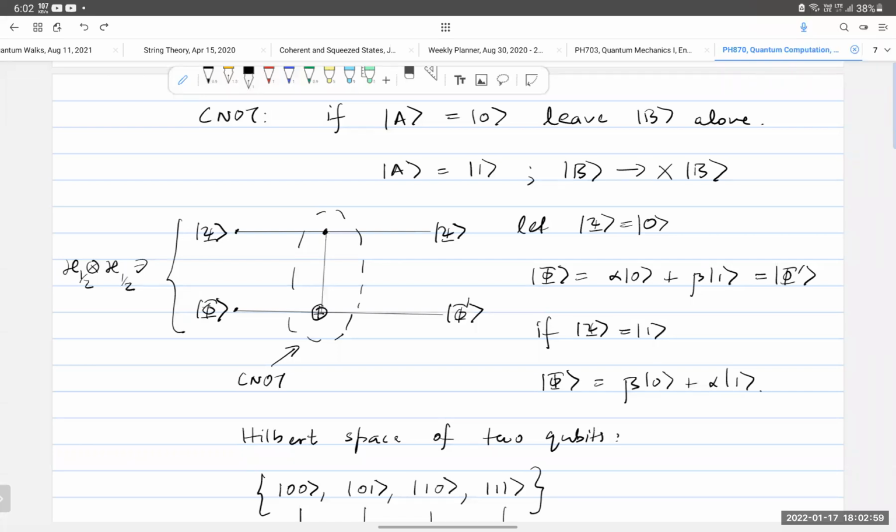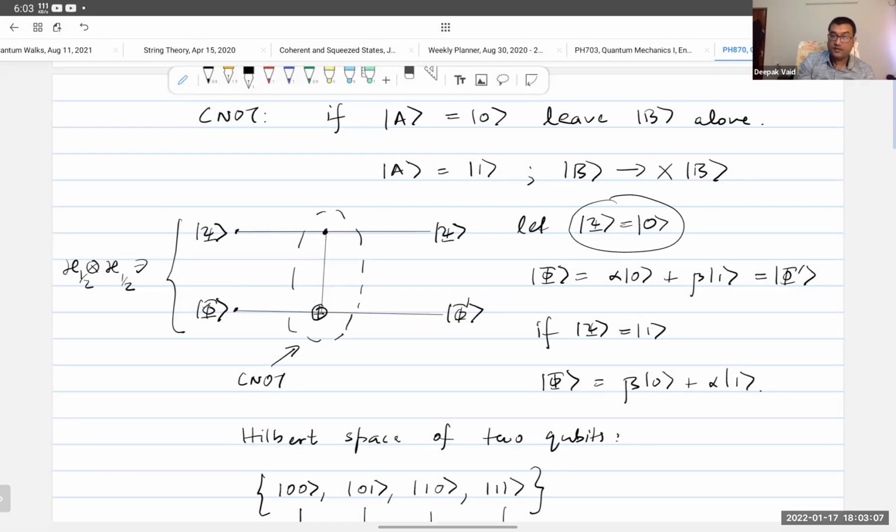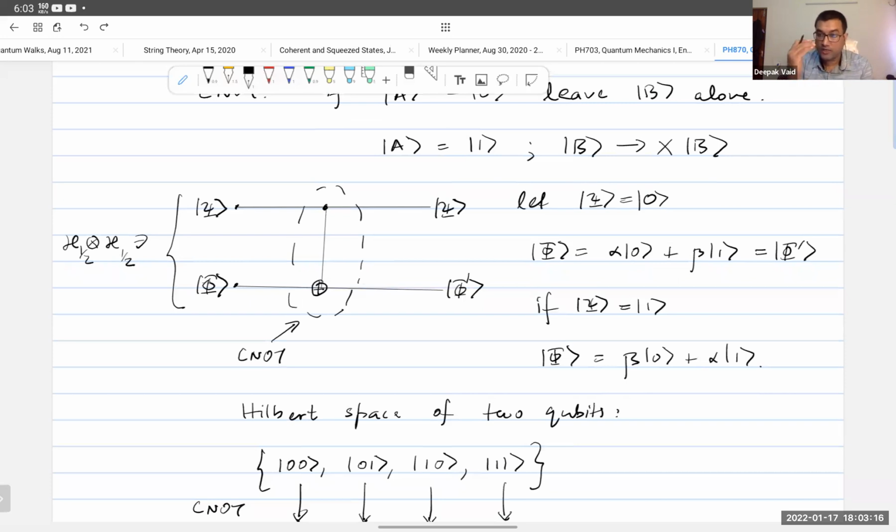Yeah. Right. But again, remember that in these examples that I've given you, I've not assumed that there is any entanglement between psi and phi. These are all product states.